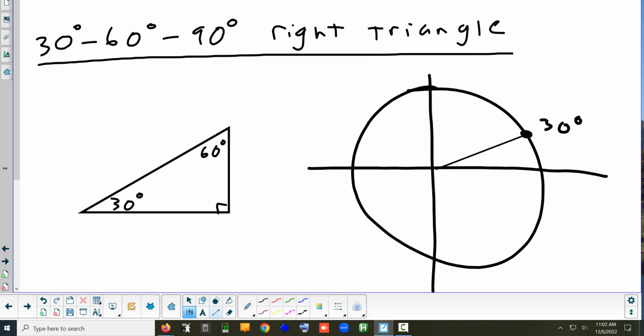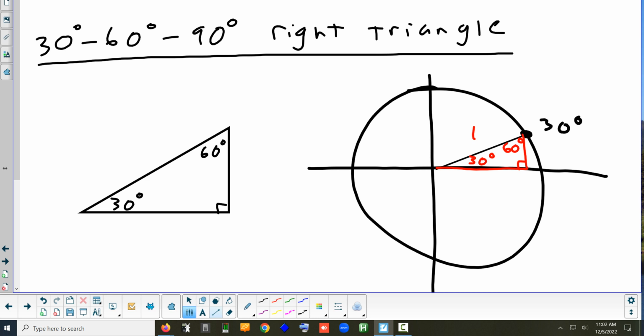And what would be the length of that? That we know is 1. Again, it doesn't really help us directly to give us a number for the coordinate, but it will help us. You've got your height and your base. So now this is a 30. What about the angle up at the top? That's a 60.